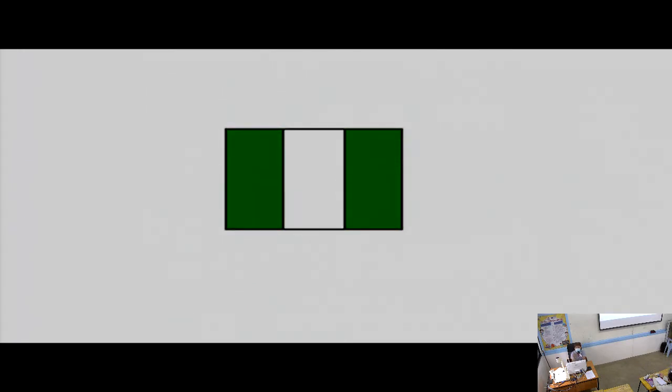Next, miss, what fraction is this? Stand up. What's the answer? This is the shaded part, sorry. This one and this one.